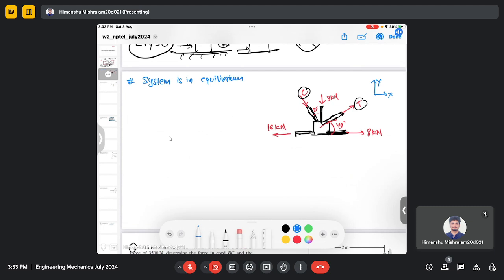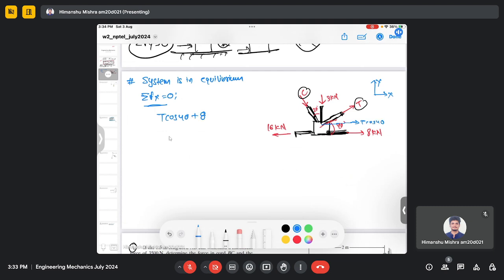Okay, which means that the overall summation of force in the x direction is 0. And using this condition, we can write down the force balance equation, which we have T cos 40. So basically I am writing this component of T, which is T cos 40.